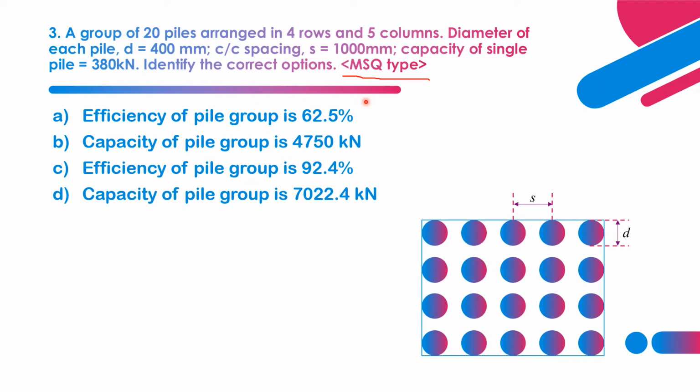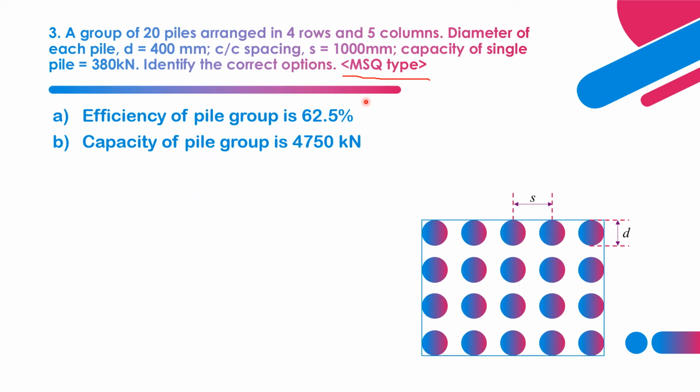We just have to calculate using some basic formulas, the efficiency formula and the capacity formula, to get the answer. You can pause this video, calculate and check, and you can check the answer after time gets over. So the correct options are A and B.